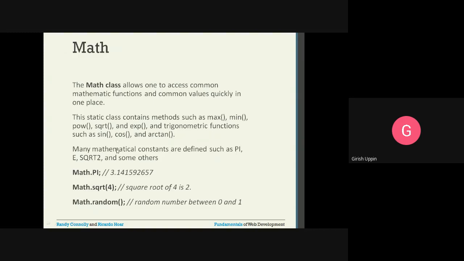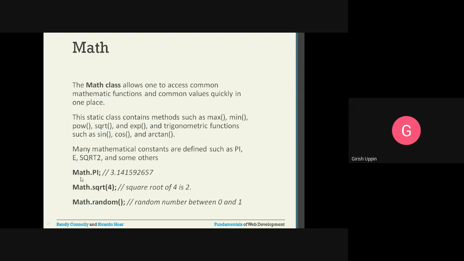and there are many trigonometric functions such as sine, cos, and then arctan. All the mathematical functions that are available, all the trigonometric functions, whatever is related to mathematics, are all available as part of this Math class. Many mathematical constants are also defined, for example, pi, e, and sqrt2, and many others.